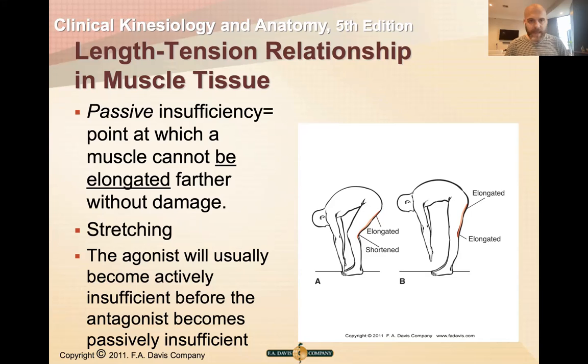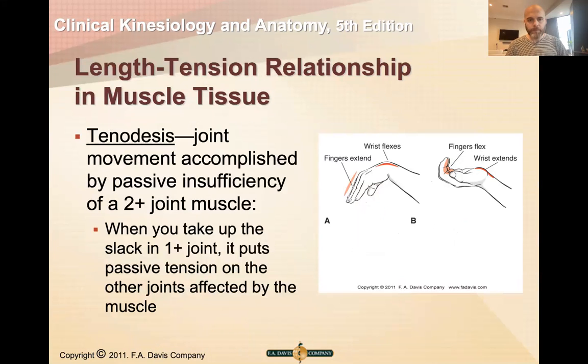So the best example of passive insufficiency is when you're doing any kind of stretch and you feel the tissue stretching. That's passive insufficiency of that muscle that you're stretching. And that's the position that you hold the muscle in to stretch it, is in the passively insufficient position. Does that make sense? Okay, seeing some nods, so I'll keep going.